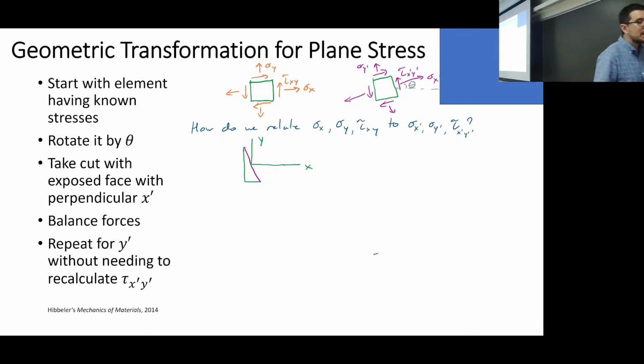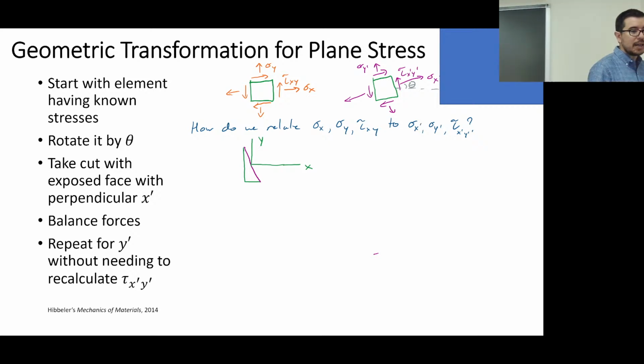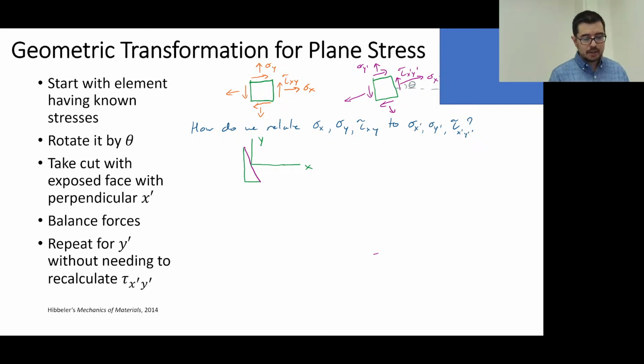So what is the x prime axis and what is the y prime axis? What this is supposed to show is a triangle. This face of the triangle is supposed to be a cut with an exposed face perpendicular, that's not English.